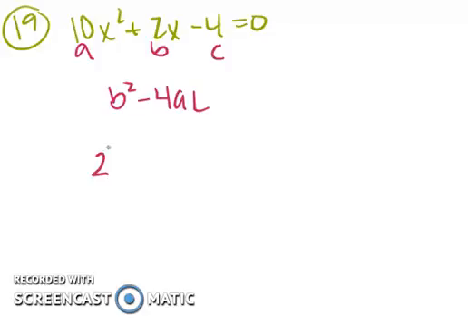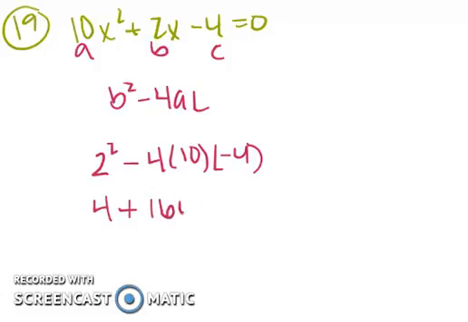Alright, so we're going to get 2 squared minus 4 times 10 times negative 4. That's going to be 4. This is going to be 40 times 4. Essentially, it almost doesn't matter because I see a negative times a negative is going to make a positive. And so I'm going to get a positive answer. So I believe I get 164. I know it's a positive answer. So if you have a positive answer, you're going to get 2 solutions.